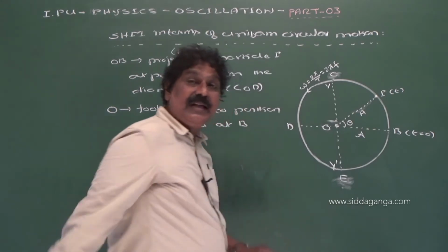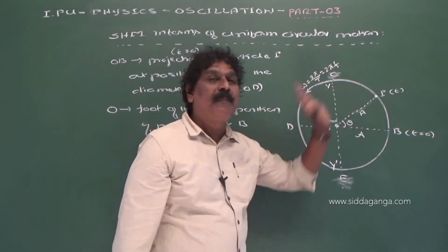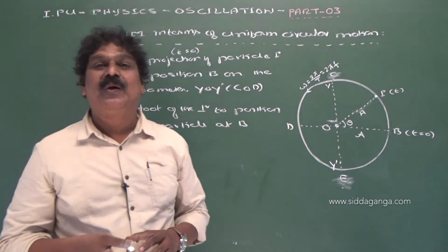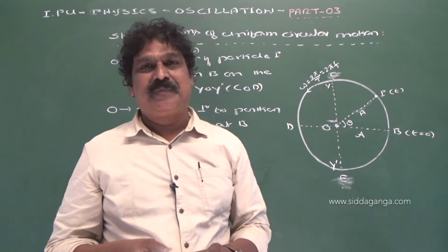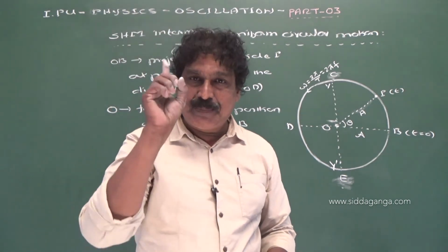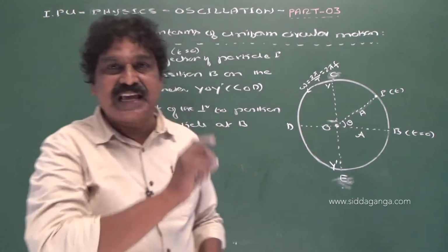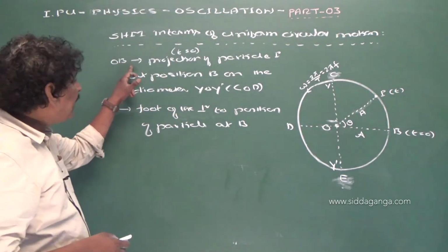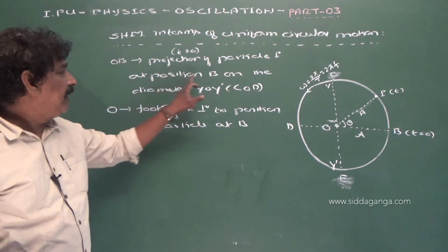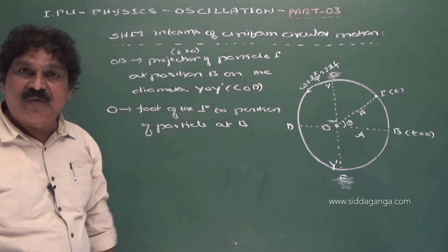Now, can we call this OP as projection on diameter? No. OP is not representing the projection of the particle because see here, OB is projection of particle P at position B on the diameter YO.